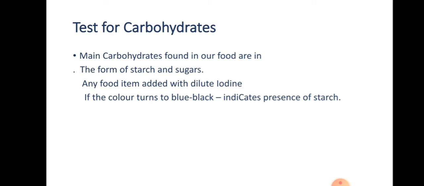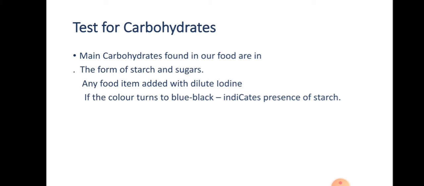Okay, what is iodine? To do this test we need some chemicals. If we don't have those solutions, we can prepare them in our laboratory. On page number 9 they have given three solutions. First, a dilute solution of iodine can be prepared by adding a few drops of tincture iodine to a test tube half filled with water.